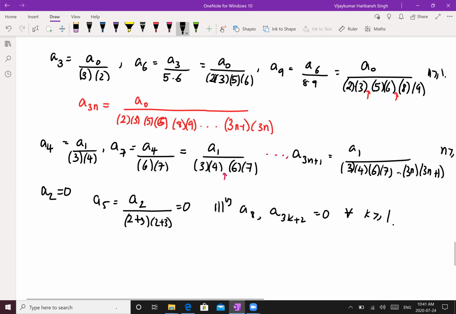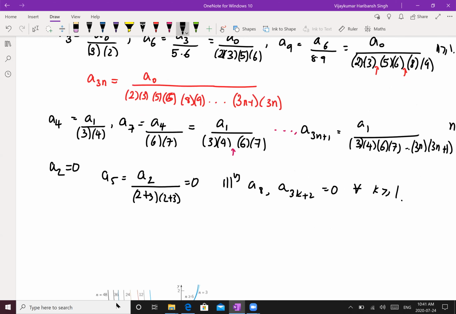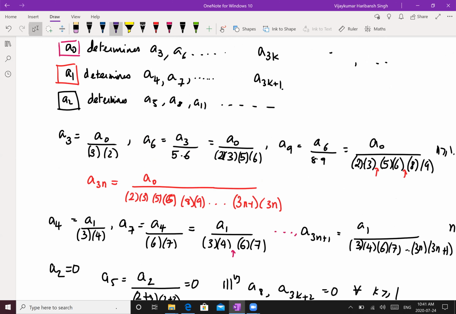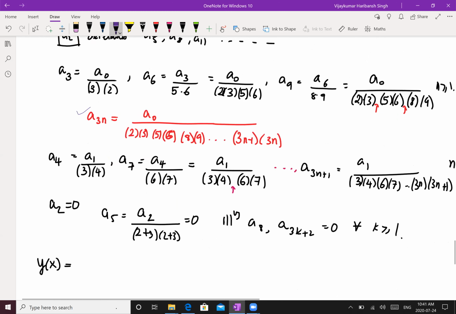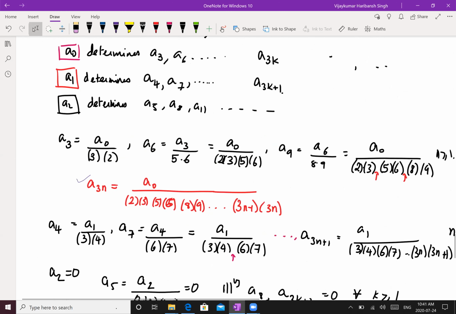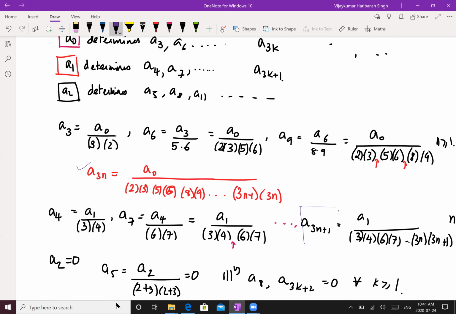So now, therefore, y of x can be seen as, what solutions survive? So what are the solutions we have? We have this one and this one here.